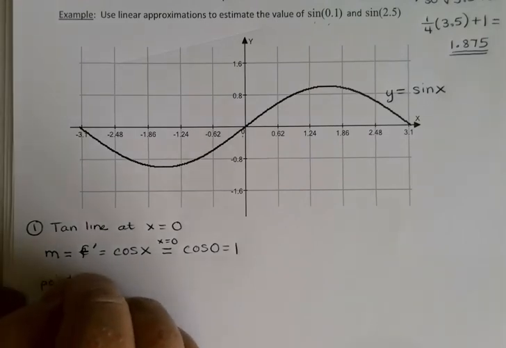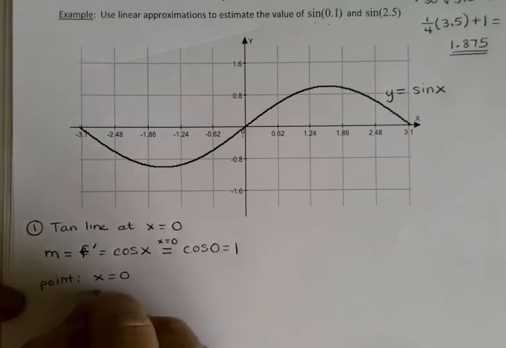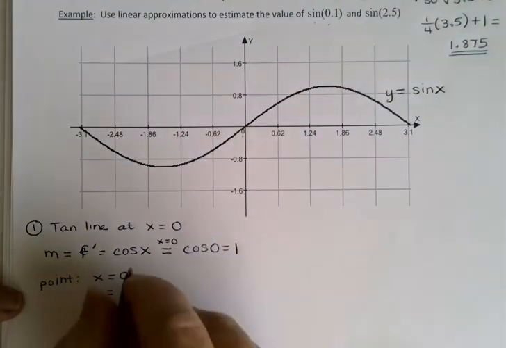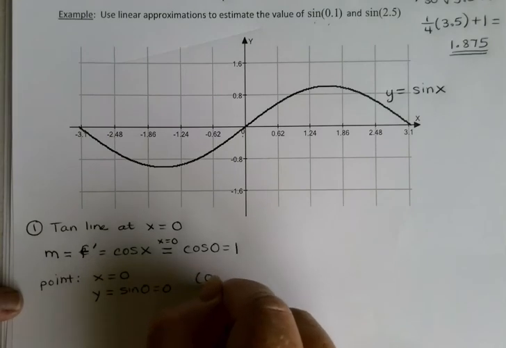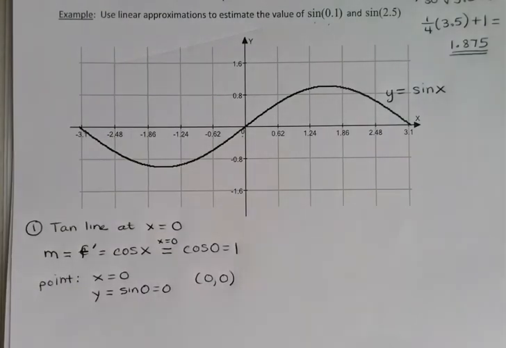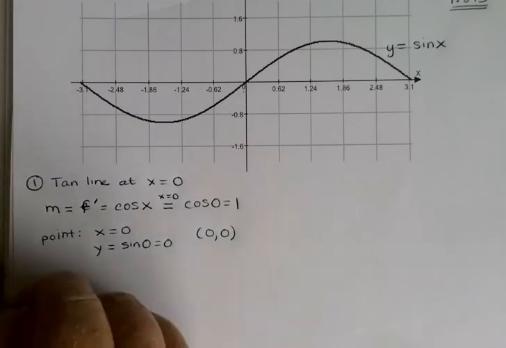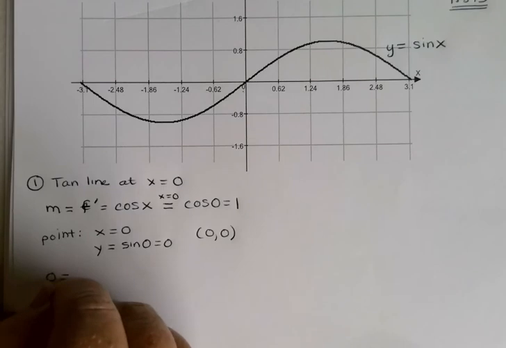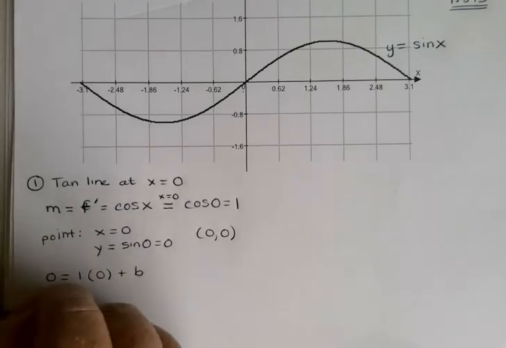For the point, x is 0. To get the y, I plug in here, so sine 0, which is 0. So the point is 0, 0. Plugging into y equals mx plus b, 0 equals 1 times 0 plus b, so b is 0.